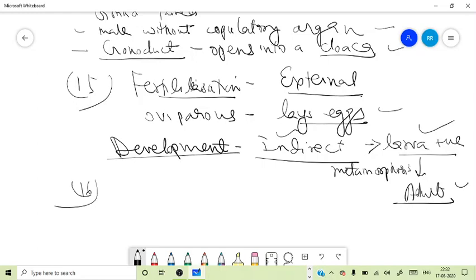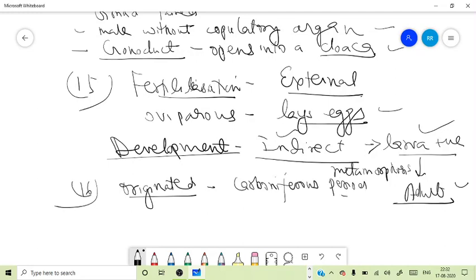Then the concluding remark of this video is that amphibians originated in the Carboniferous period from crossopterygian fishes.